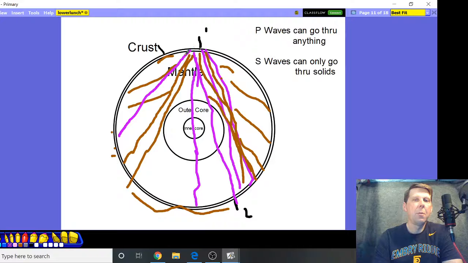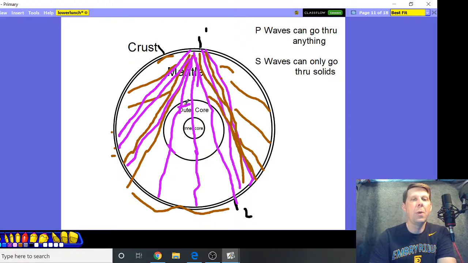If it's going through the magma the whole time, it doesn't really change speed. But a P wave will change speed as it hits this liquid, and then change speed again. That way we can get an idea of how big that outer core is, because we can look at the speed change in those P waves. How long did it change speed, and when did it change speed again?